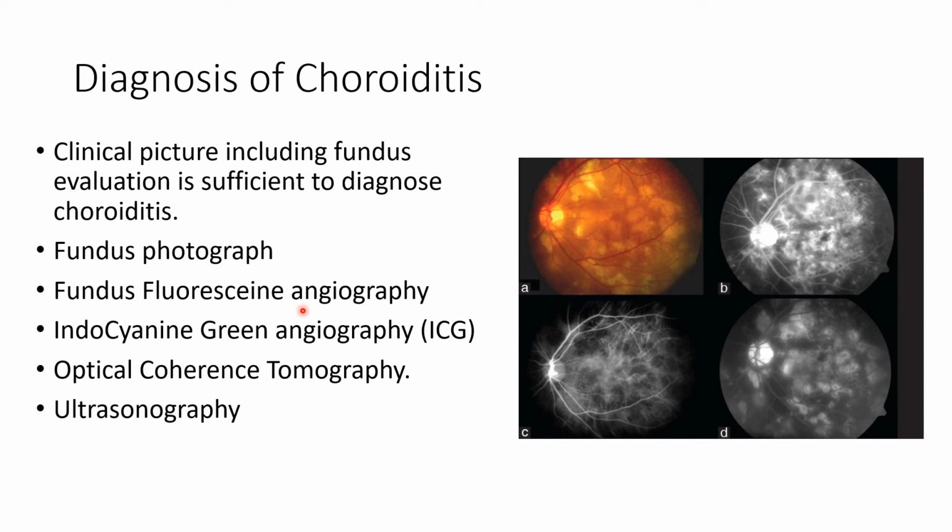But this is not so with indocyanine green. Indocyanine green is seen using an infrared imaging technique, and infrared imaging can see through the retinal pigment epithelium. So in this image we can see the choroidal blood vessels, and we can appreciate that this area is slightly hazy. This indicates leakage from the choroidal blood vessels.